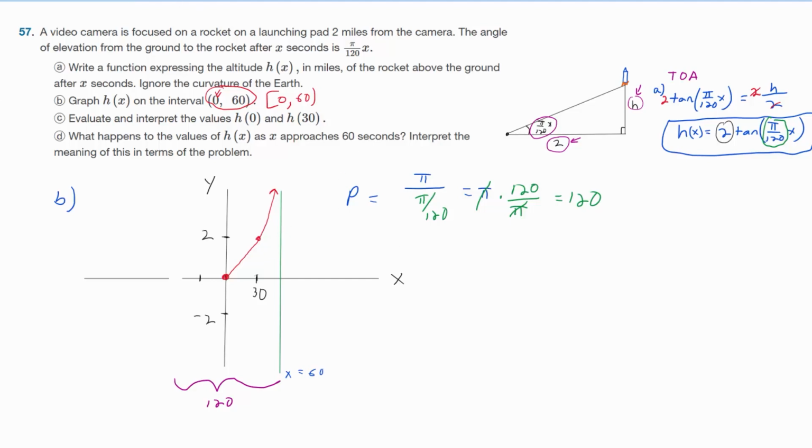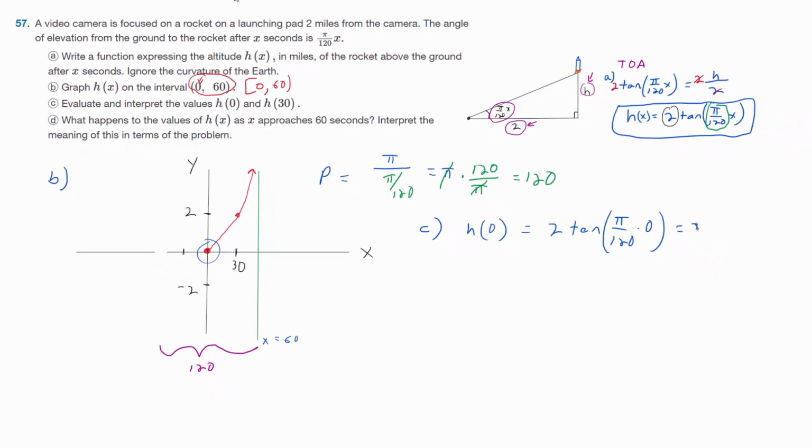And then in part C, you're asked to evaluate and interpret the values of h of 0 and h of 30. h of 0, well, that's just 2 times the tangent of pi over 120 times 0, but that's the same as the tangent of 0. And you can see from the graph that the output is going to be just 0.